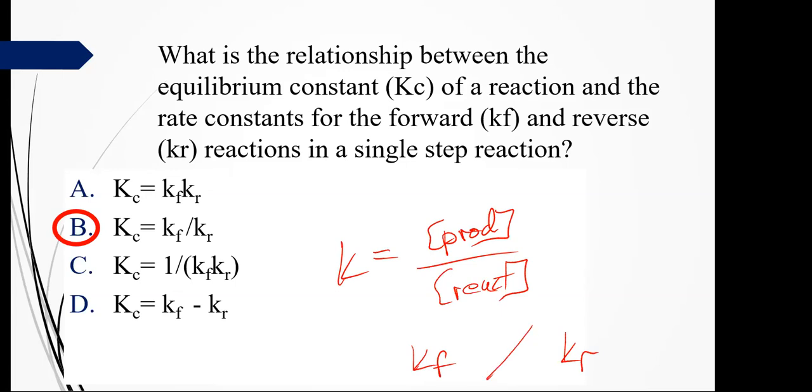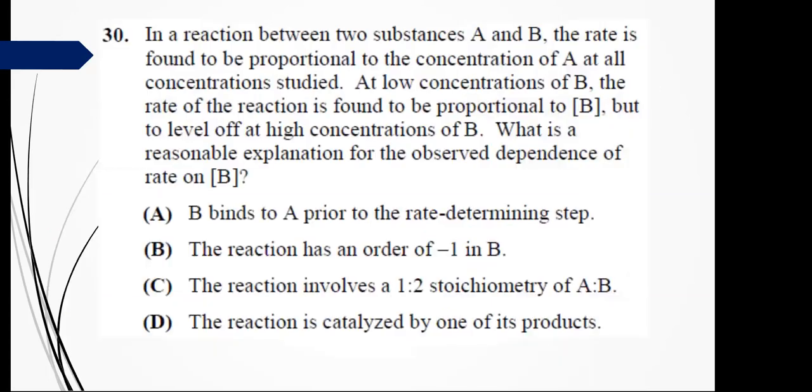So kf over kr gives us how much product you make divided by how much reactant you make. We'll do one more rate one, and then we're going to get into our equilibrium.